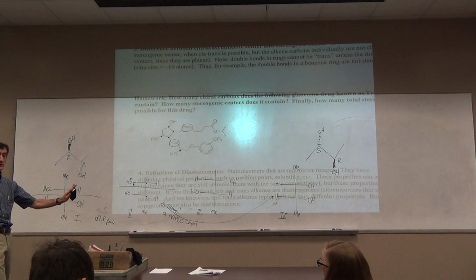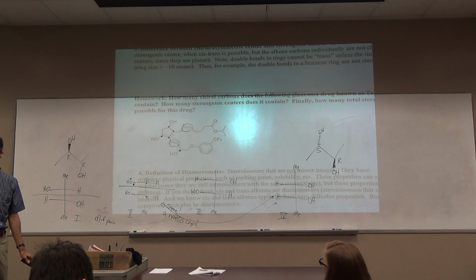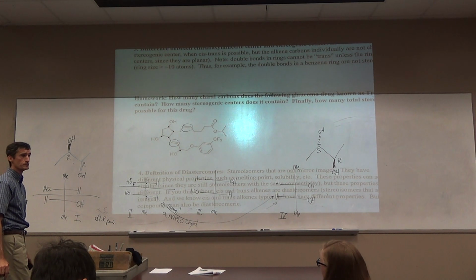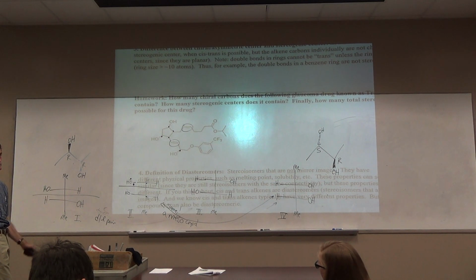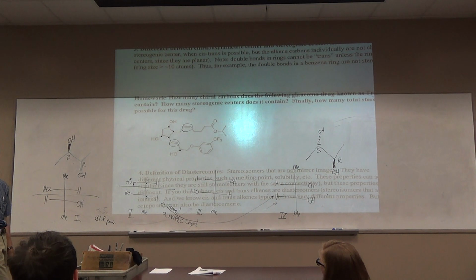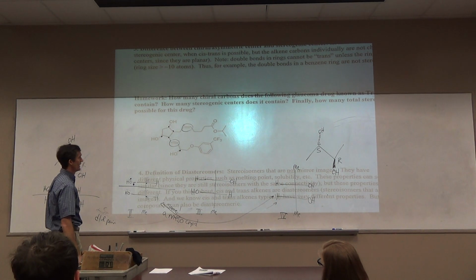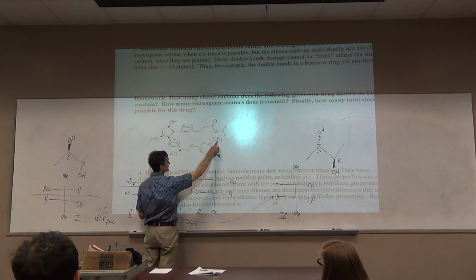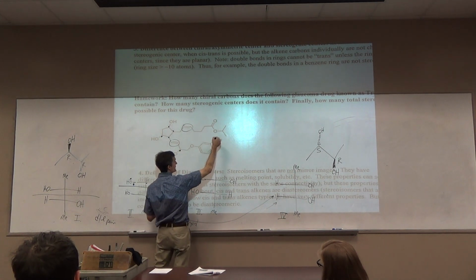Okay, draw 128 of them. And tell if any of them are going to be meso. First off, do you think any will be meso? Can you imagine any plane of symmetry through this compound? Where would you cut through it? There's only one CF3 group. You're going to have another unless you're cutting right through it.